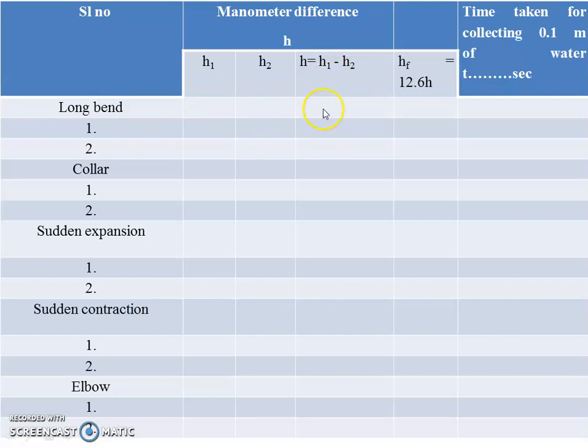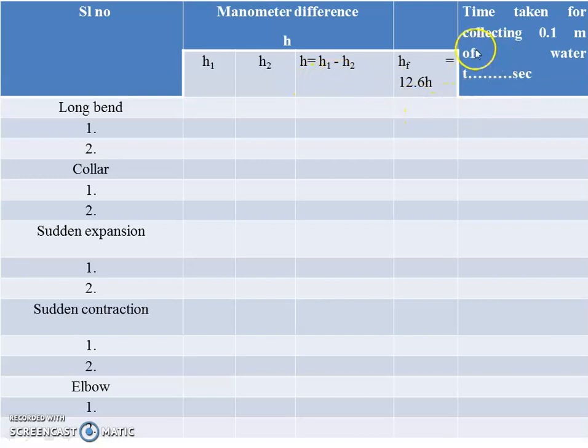Find out the difference and multiply it by 12.6. 12.6 is because the difference of specific gravity of mercury and specific gravity of water is 13.6 minus 1, equal to 12.6. So 12.6 is multiplied to H, that is the manometer difference, and this value will give us head in terms of water. This was head in terms of mercury.